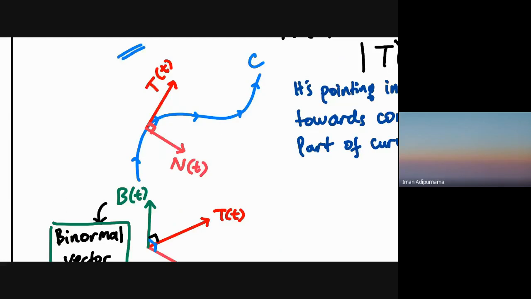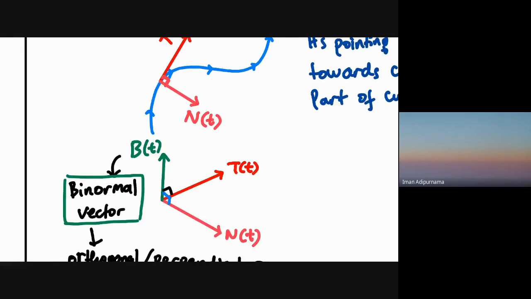Or you just write here and then take orthogonal here, okay? And then we have also B, we call the binormal vector. The binormal vector is orthogonal to T and also the normal vector. And from what we have discussed previously in chapter 12, when we want to have a vector that is perpendicular to both vectors, we need to use the cross product. So we can use cross product here to define our binormal. Okay, so that's normal and binormal.